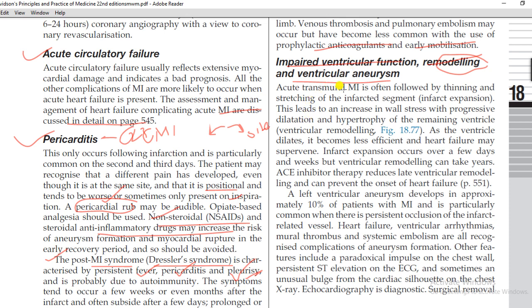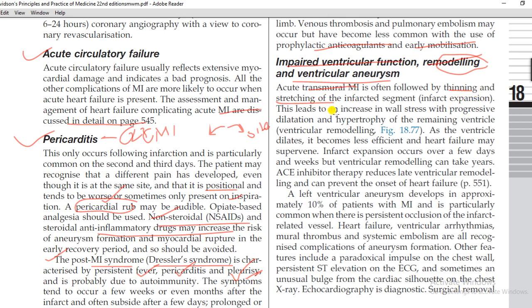Acute transmural myocardial infarction is often followed by thinning and stretching of the infarcted segment. It's also called infarct expansion.